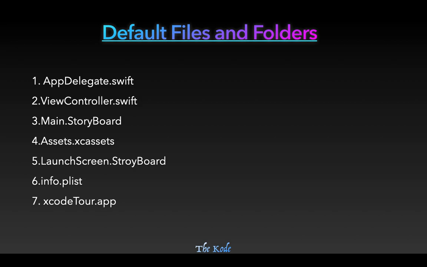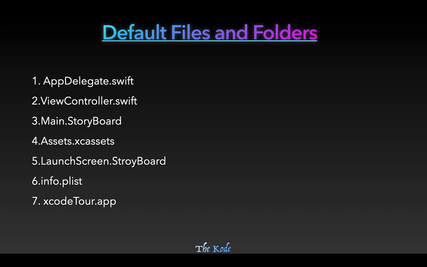The sixth one is the Info.plist file. Info.plist is basically a key value pair file where the application provides all its metadata to the system. For example, the language, the device capabilities, the orientation. All such metadata is there in the Info.plist file.